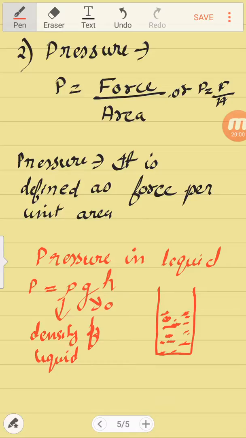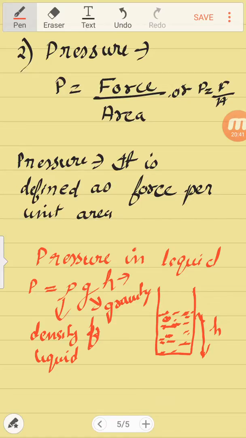This is gravity. This is the height of liquid. For example, the height of liquid is this much. And for density, a value is given, they will give you the value. And gravity, like on earth it is 9.8, and on the moon it will be different. You know the gravitational field strength.